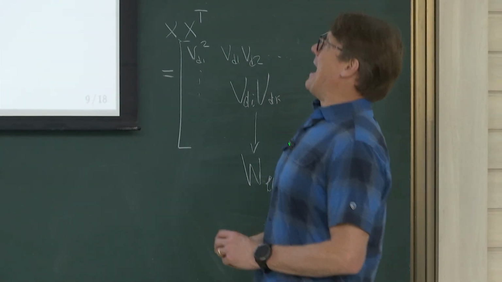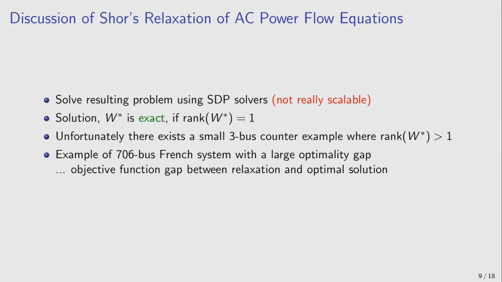Unfortunately, well, any good idea, somebody comes up with a counterexample. So there exists a small counterexample where the rank of W is greater than 1. So it's not solved. The relaxation is not exact.